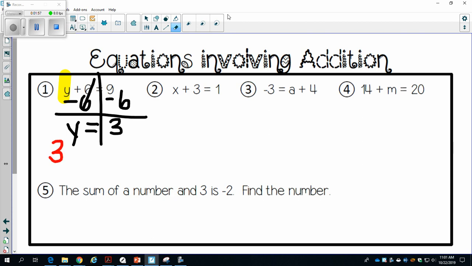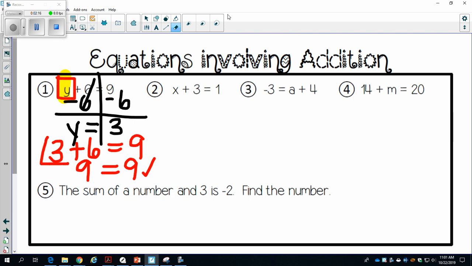So 3 plus 6 equals 9. And then I'm going to see if that's true. 3 plus 6 is 9. 9 is equal to 9. So this checks. All I'm doing again is taking whatever this y value is, what I got for my answer, which is 3, and plugging it into the original equation and rewriting it to check it.